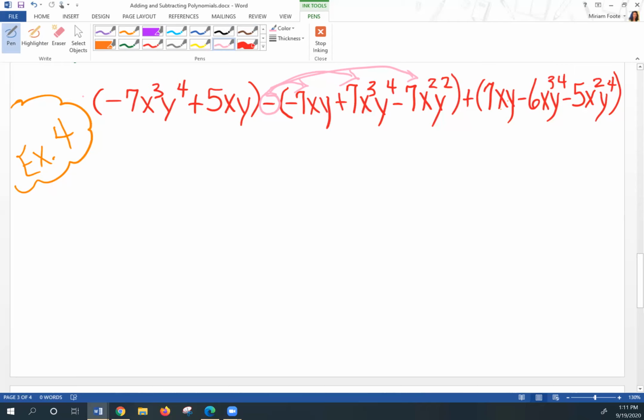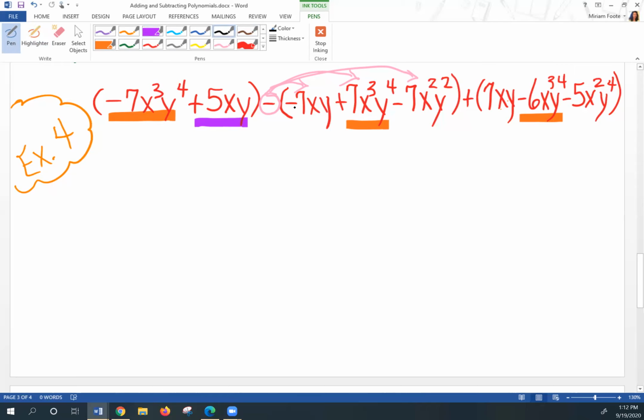So I'm going to use my same strategy, which is looking for x cubed y to the fourth, x cubed y to the fourth, x cubed y to the fourth, xy. Now here, before I do that, let's just change our sign so we won't forget to do that.